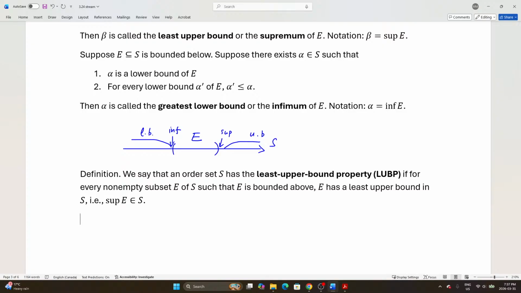So let's define what we mean by a field.